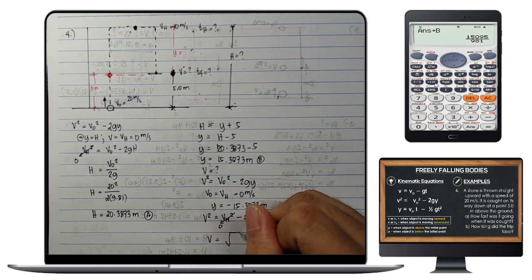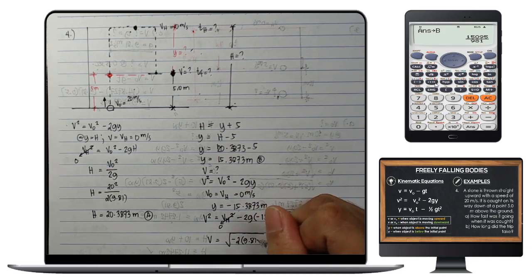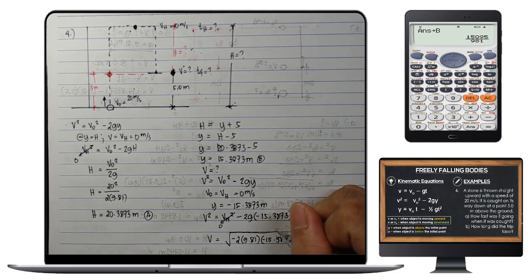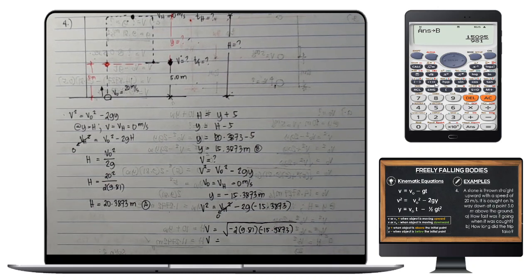So substituting, magiging v squared is equal to vh squared minus 2g times negative 15.3873, and this one is 0. So v natin is equal to square root of negative 2 times g, which is 9.81, times negative 15.3873, yung nakalagay sa B. So square root lang ito, equals 17.3752.